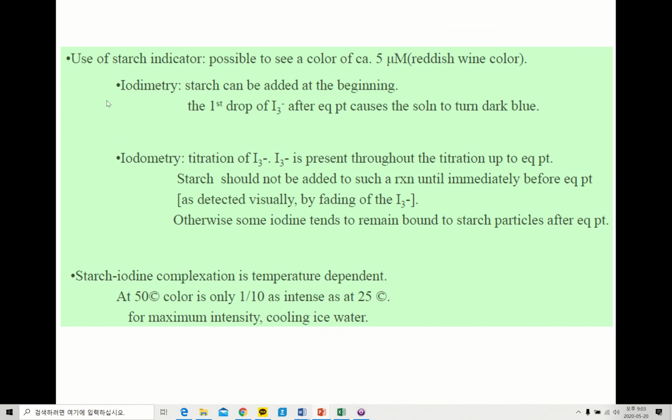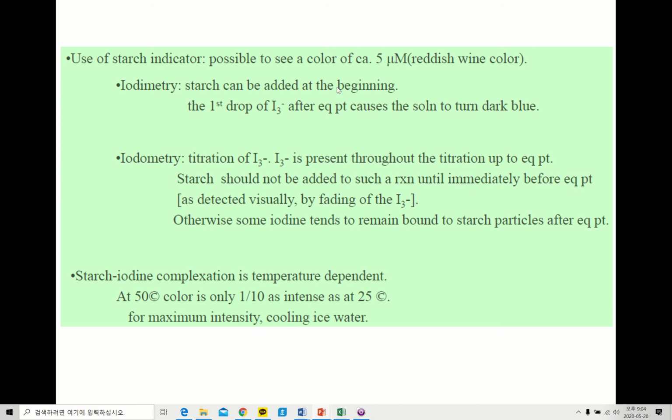And since iodimetry and iodometry involve iodine, the indicator is starch. Starch is used as an indicator.